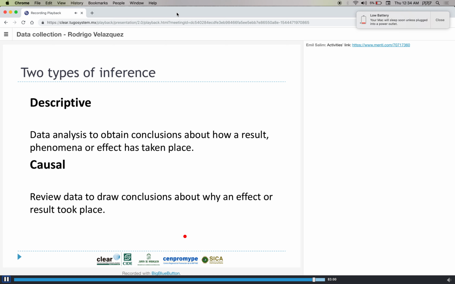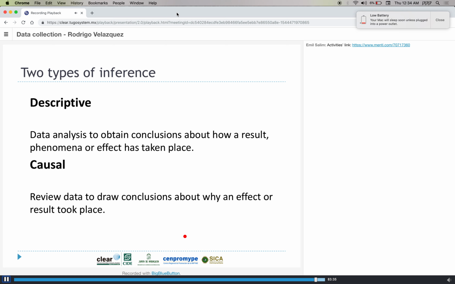So each one of these inferences leads to different types of data collection and different types of information to analyze. And we are going to talk about this in the next session. So I just wanted to make a brief introduction concerning these two types of definitions. And analysis data is used to make inferences, and we are going to see how this is related to the theory of change.